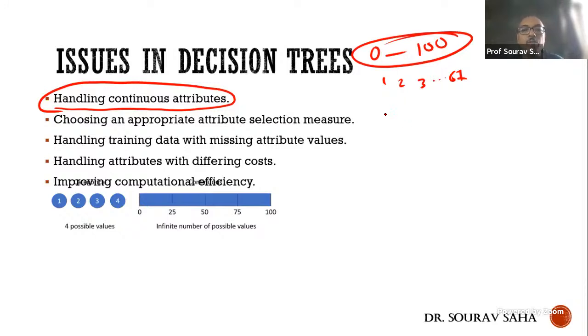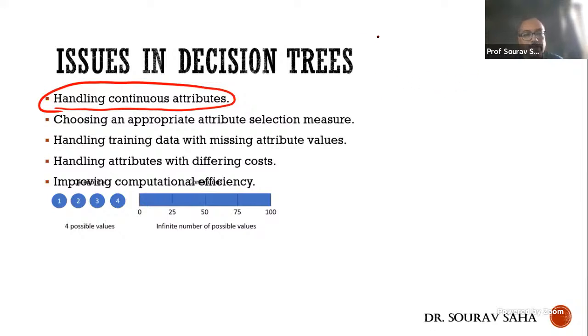Internally it creates several different categories: marks less than 20, marks 20 to 40, 40 to 60, 60 to 80, 80 to 100. Like this, it creates different classes. But this process keeps on happening many times. For a continuous attribute, finding the optimal cutoff takes time for the decision tree. So it can handle continuous attributes, but it probably deals with them in a very inefficient manner.